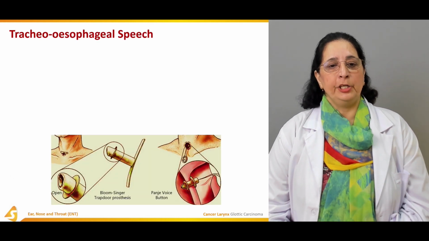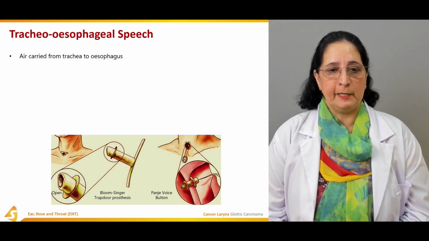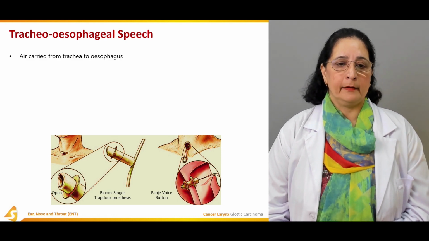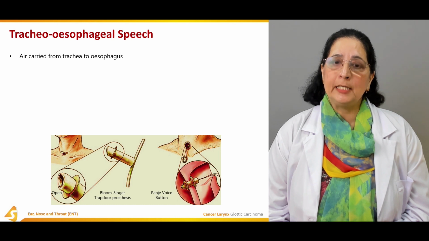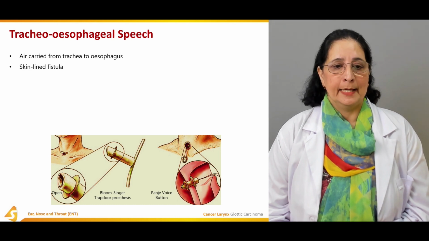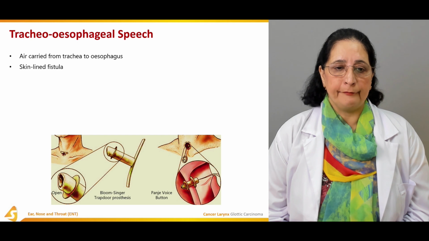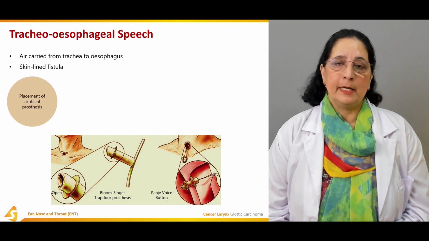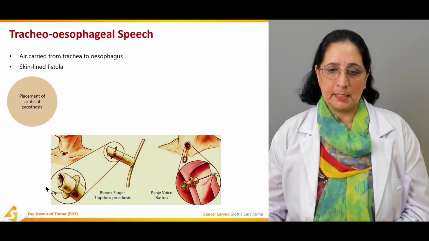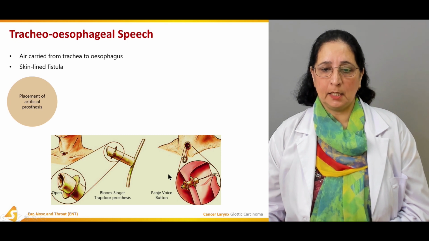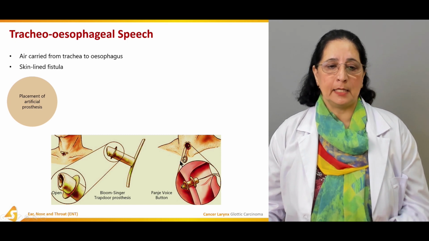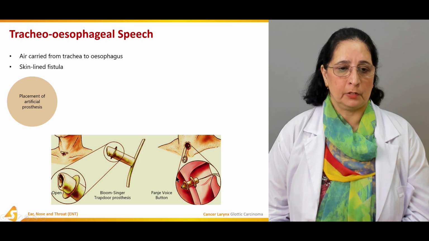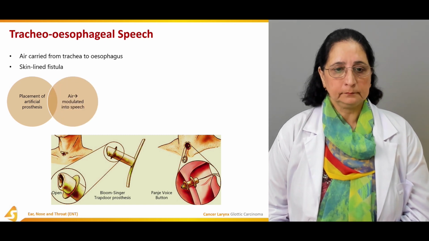Then we have tracheoesophageal speech. In this, air is carried from the trachea to the esophagus through a skin-lined fistula, with placement of an artificial prosthesis. You can see this is the artificial prosthesis that helps in the production of sound.